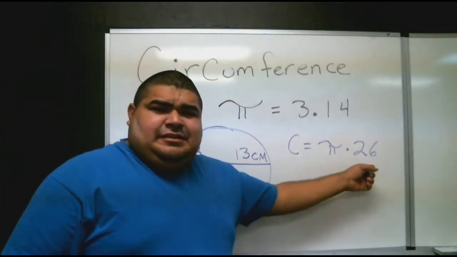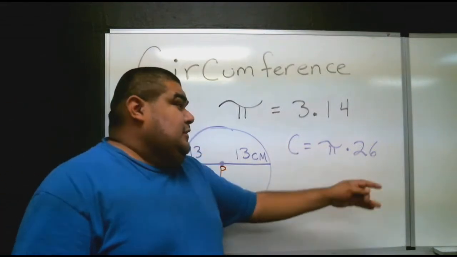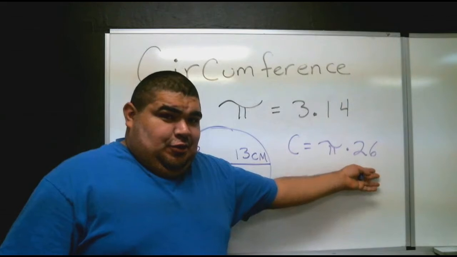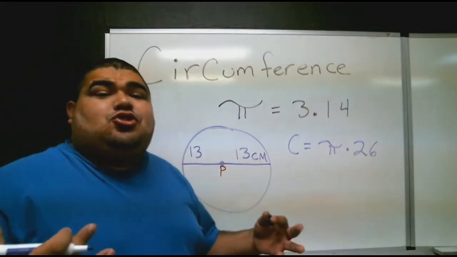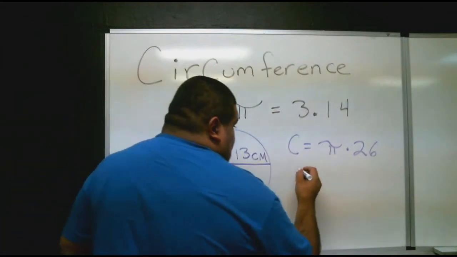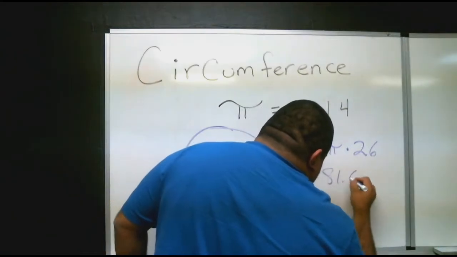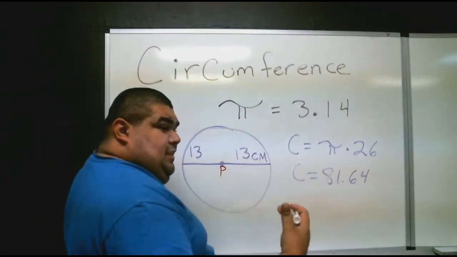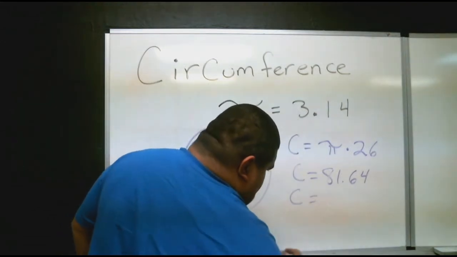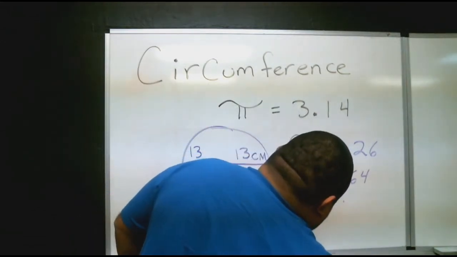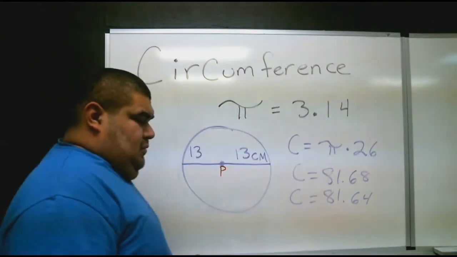Didn't we already have this? Remember, I said 2 radius is the same as diameter, which we combined earlier to get 26. So we already pretty much know the answer, which should be the same, so we plug it in. C equals 81.68 if you used pi, and if you plugged in 3.14, you should have got C equals 81.64.